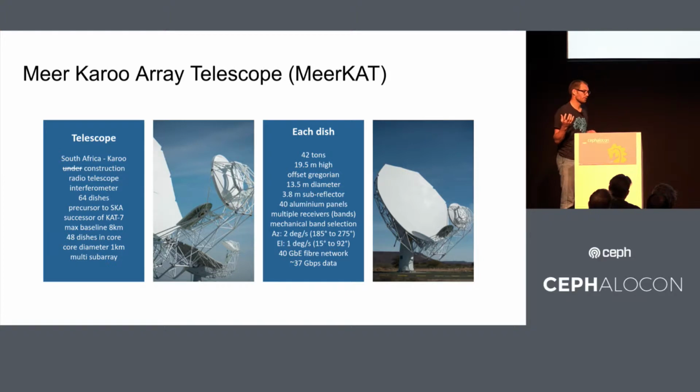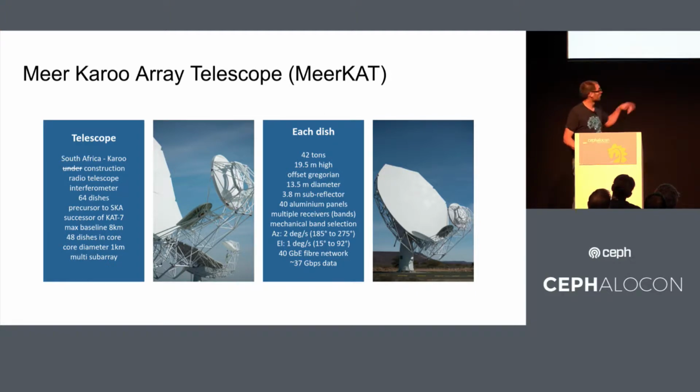Each of these dishes has 4 receivers, and with a mechanical indexer, we can change between them. With that receiver there is what we typically call the antenna, and each one of those antennas is optimized for a specific band. There's L-band, X-band, UHF, and S-band. Some of them, like the X-band ones, are not yet in production, but the other 3 are.